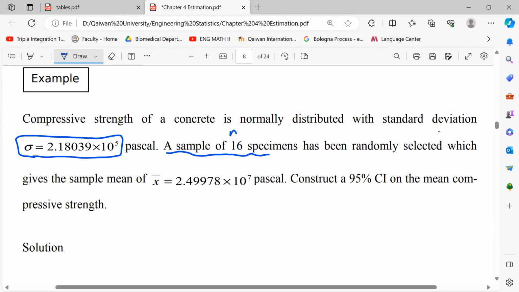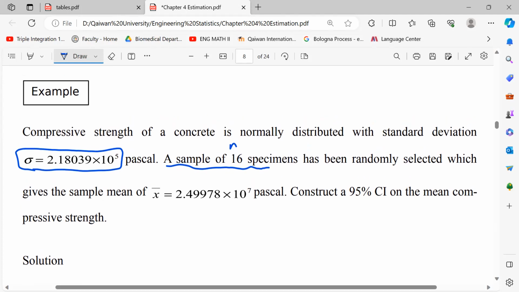Write down all the given information. Here, sigma is given and n is given. The sample has been randomly selected, which gives us the sample mean, this X bar. X bar is given also. It says, construct a 95% confidence interval for the mean.